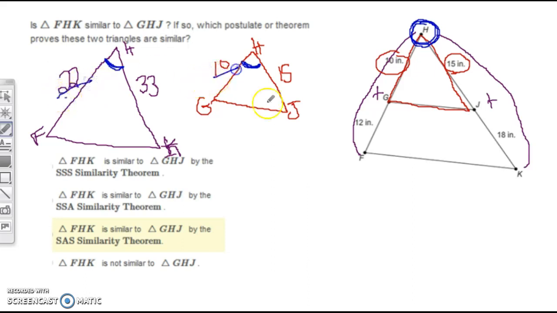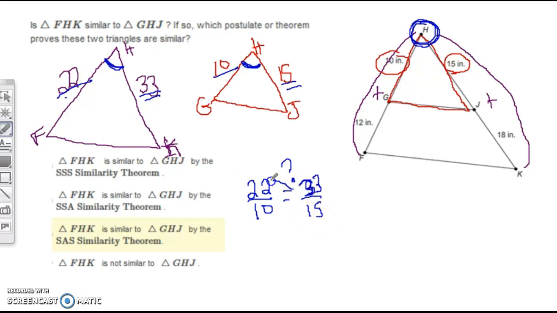So I'm going to take 22 over 10, the big triangle over the little triangle, and I'm going to see if that equals 33 over 15. Again, the big triangle over the little triangle. Now from here you can cross multiply or you can reduce each fraction since you know all of the numbers. I'll just go ahead and cross multiply because that's what we're used to doing.